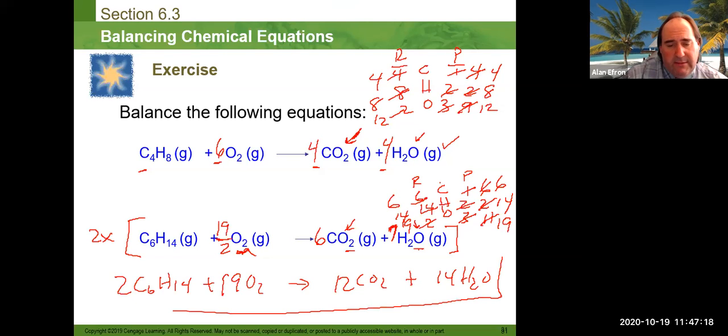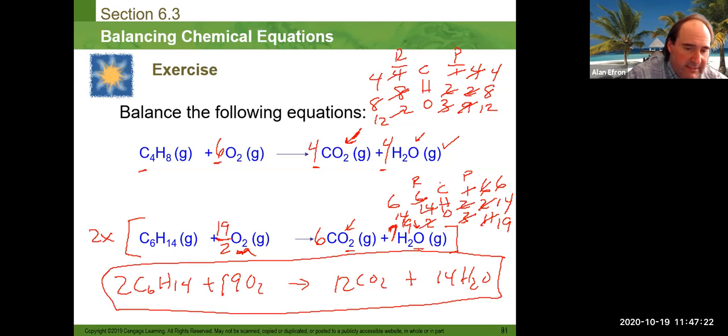Again, multiplying that 2 all the way across gives us 12 carbons on each side, 28 hydrogens on each side, and 19 times 2, 38 oxygens on each side, 24 in the first one and 14 oxygens in the second one, and we would be balanced at that point. Any questions on that particular one?